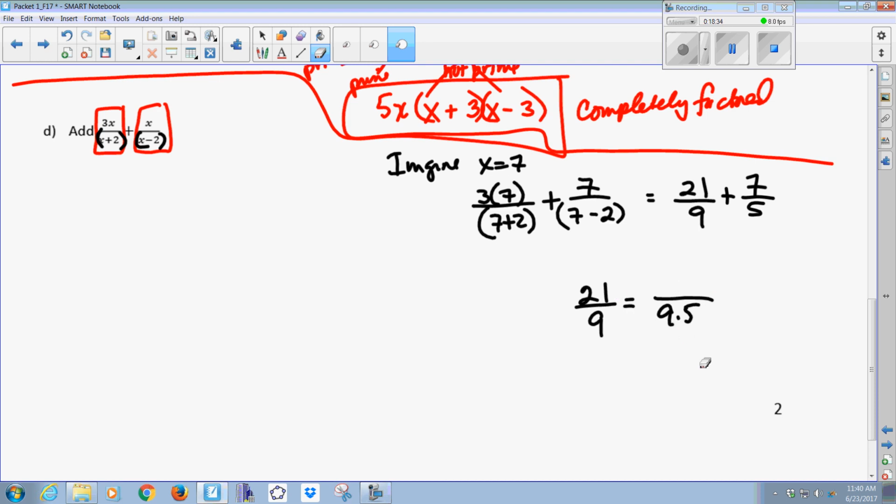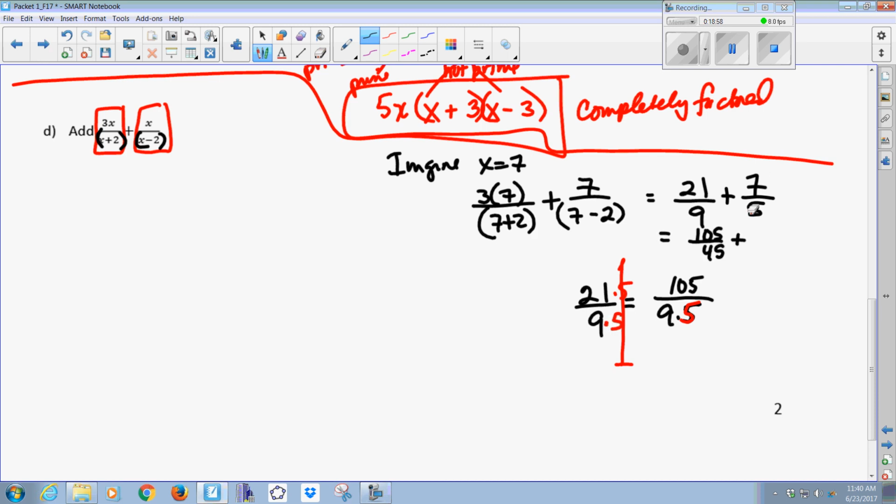Well, as you can see, the factor that's missing here in order to convert this is the other denominator, 5. So you have to multiply top and bottom by 5, which is really multiplying that 21/9 by 1. So you get 105 over 45.